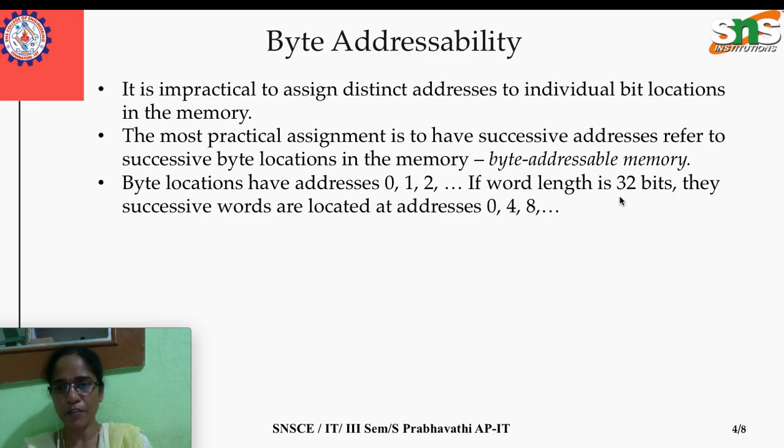So for a complete word we need 4 byte addresses. Since each character is 1 byte, we need 4 byte addresses for one complete word, and for the next word the address starts from 4 onwards.